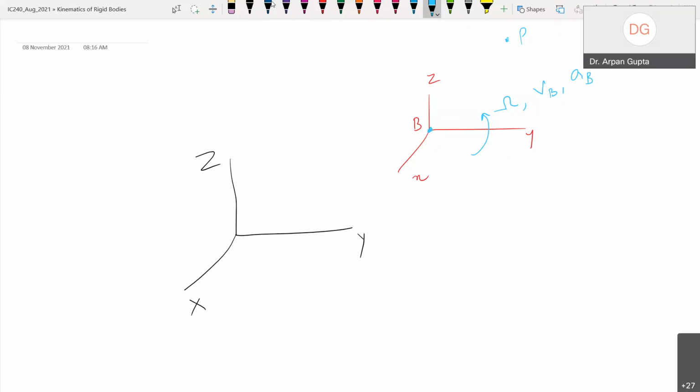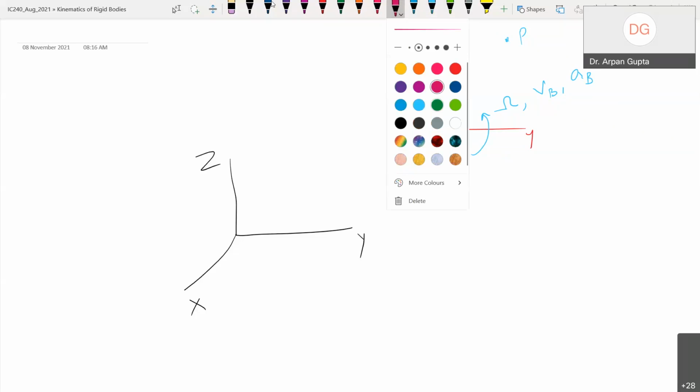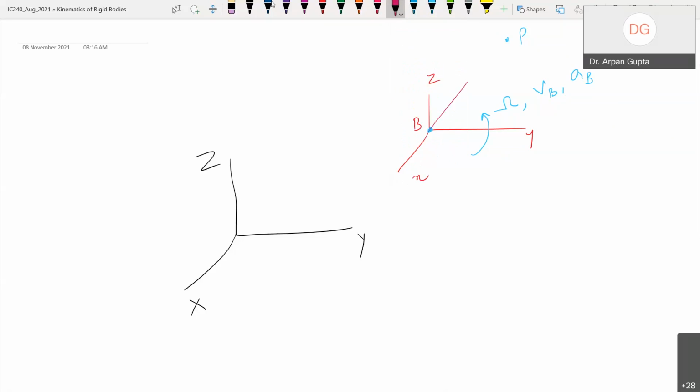This frame itself is moving with a velocity VB and has an acceleration AB. Everything is with respect to ground. From here, we observe a point P with a position vector r.